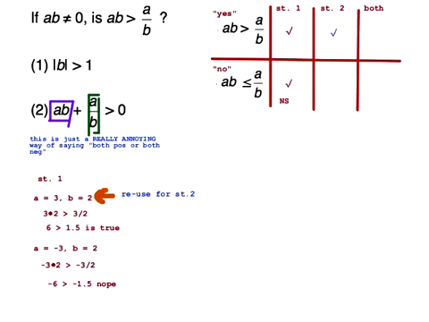But for statement 2, we can also use something like A is 3 and B is 1/2. So 3 times a half is greater than 3 divided by 1/2. So 1.5 is greater than 6 is false. So we can check that box. So not sufficient.